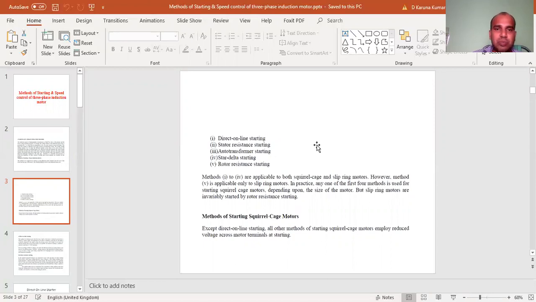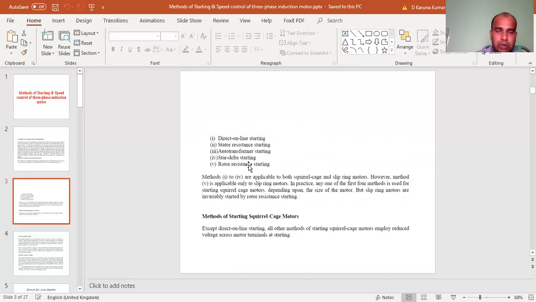The rotor resistance starting method is applicable only to slip ring induction motors. There are two types of induction motor, slip ring and squirrel cage. But in practice, any of the first four methods is used for squirrel cage induction motors depending upon the size of the motor, while slip ring induction motors are universally started by the rotor resistance method.